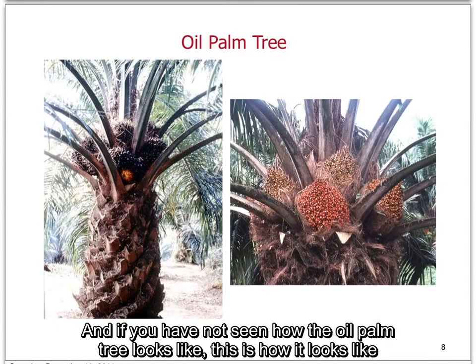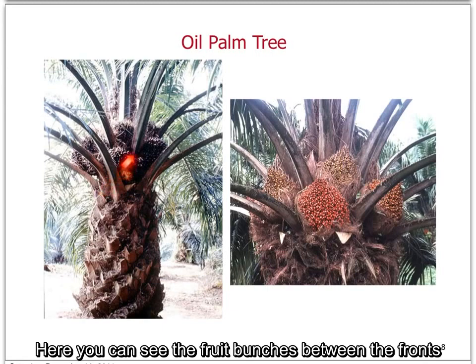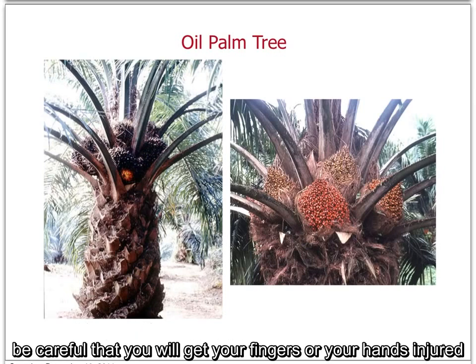And if you have not seen how the oil palm tree looks like, this is how it looks like. The tree is still not very tall, so you can see the fruit bunch between the fronds like this. You have to be very careful because there's a sharp thorn between the fruit bunch. If you're not careful, you can get your fingers or your hand injured.